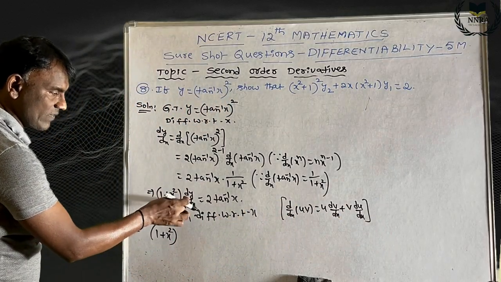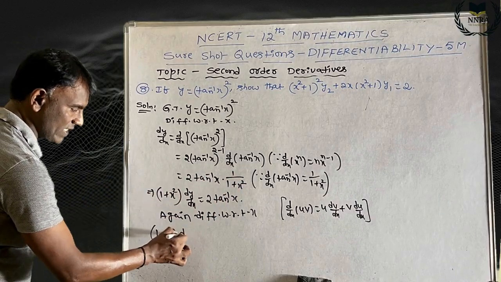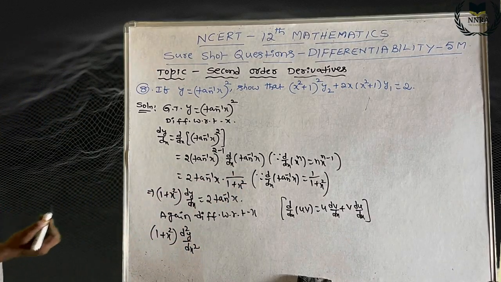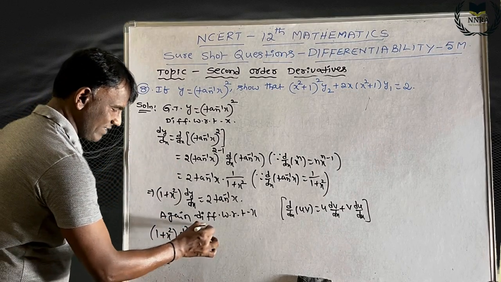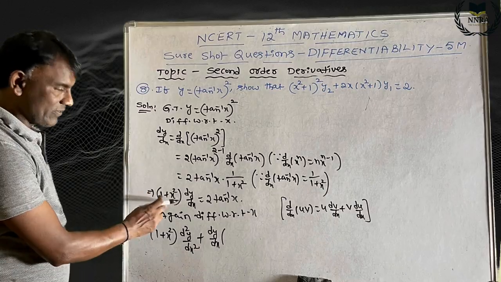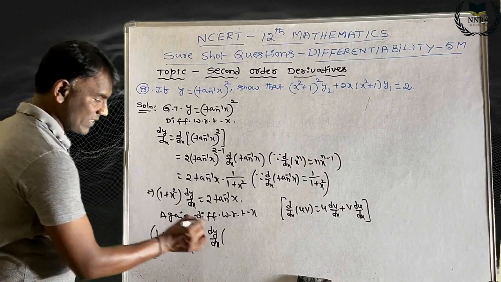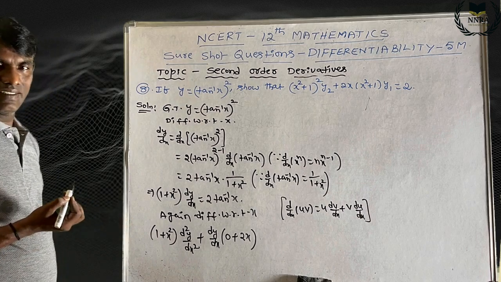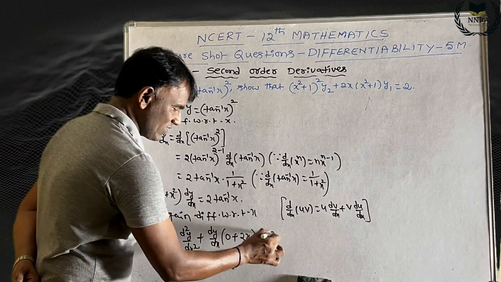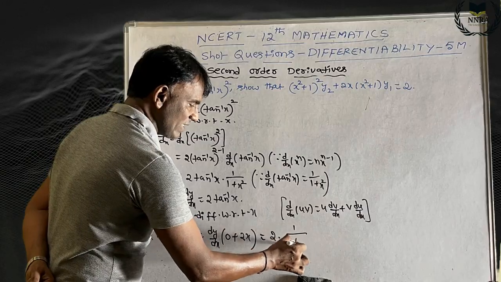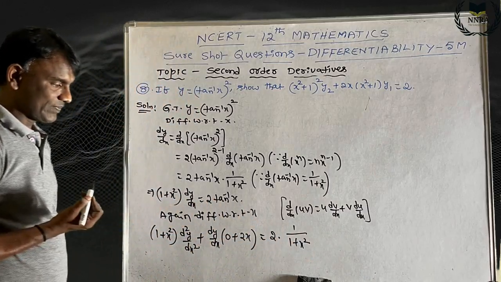If you differentiate dy by dx again with respect to x, we get the second order derivative d square y by dx square, plus v. What is v? dy by dx. Now the derivative of 1 plus x square: the derivative of 1 is 0, the derivative of x square is 2x. And coming to the right hand side, 2 into the derivative of tan inverse x, which is 1 by 1 plus x square.